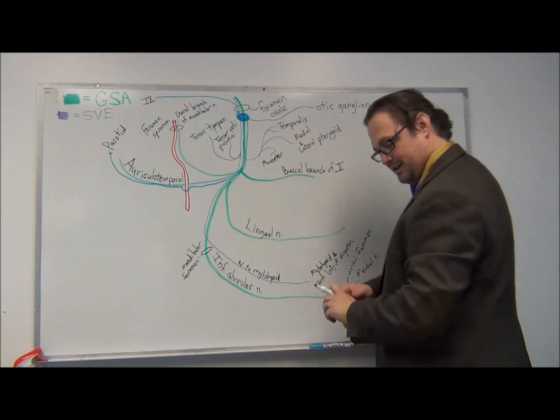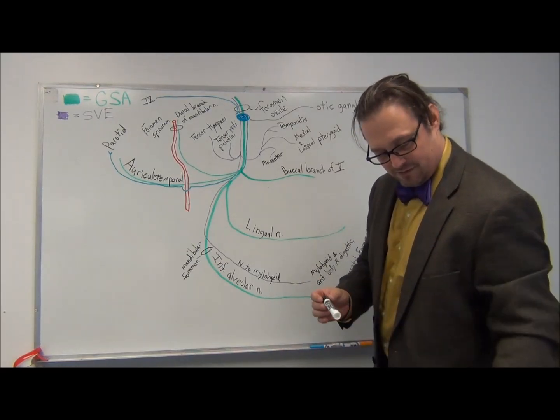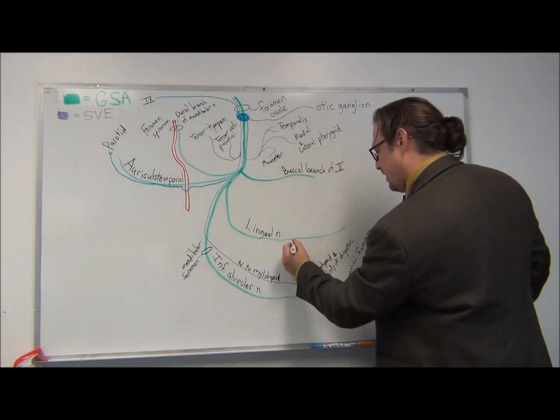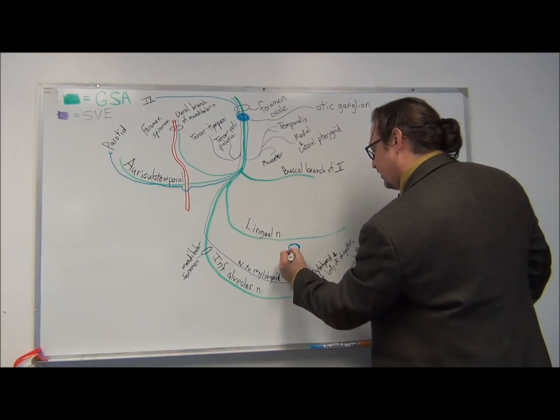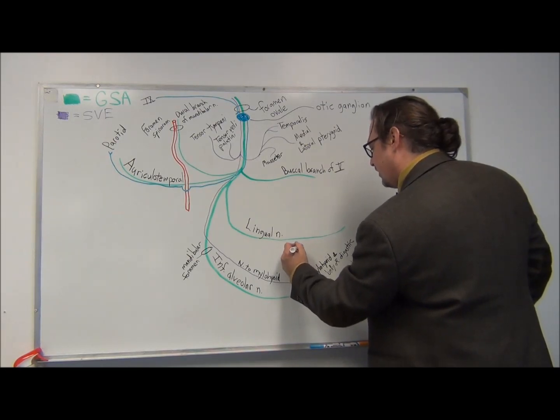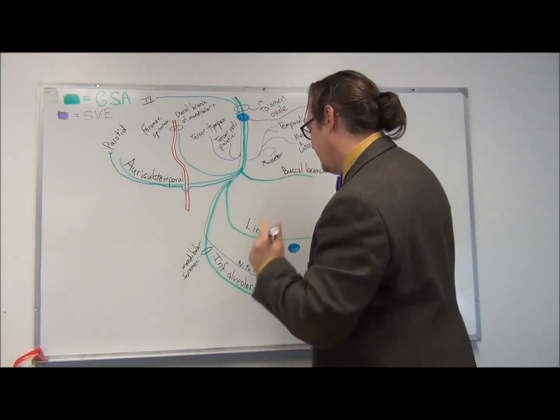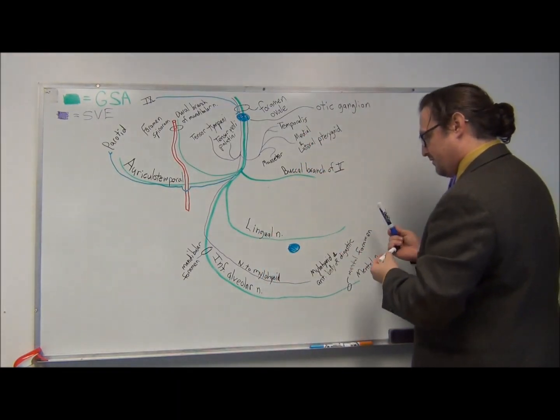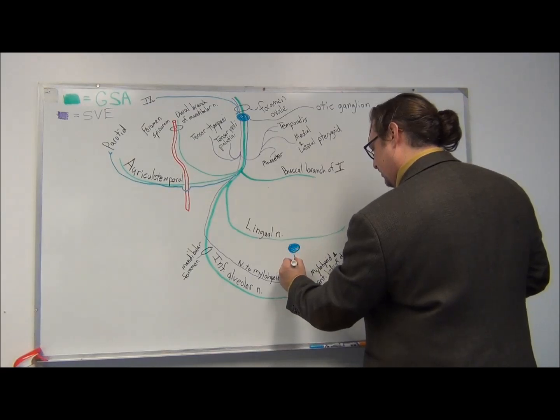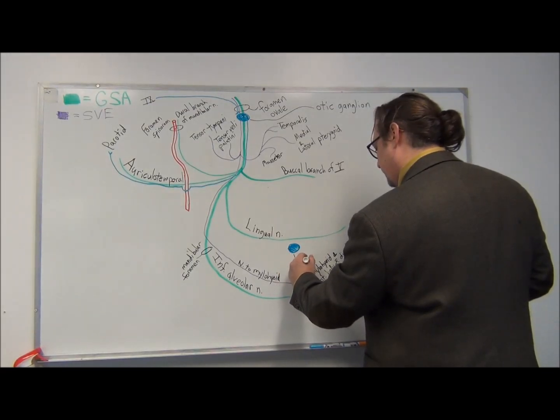Yet another ganglion is hanging out in association with the mandibular nerve. This guy is just underneath the jaw, so right around here, and is referred to, thankfully, as the submandibular ganglion.